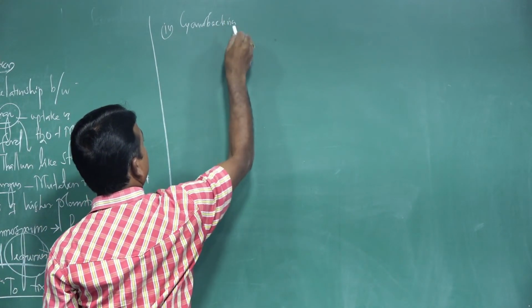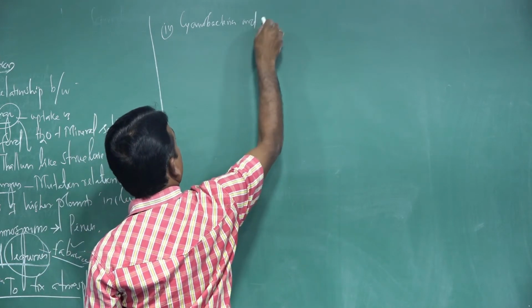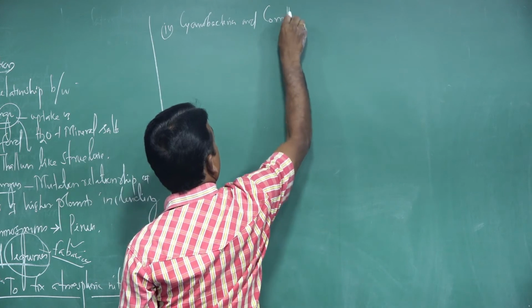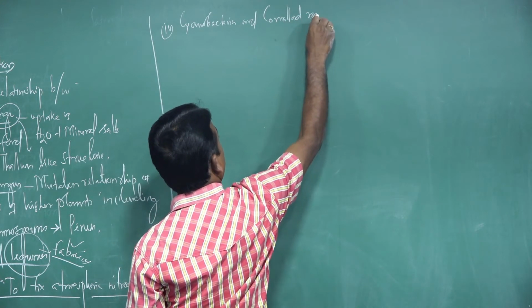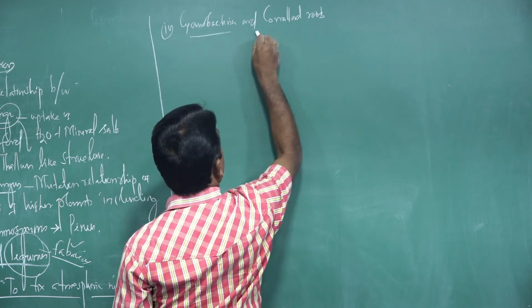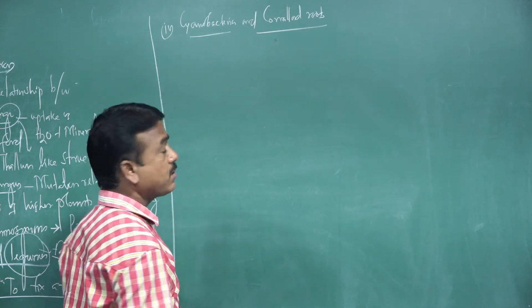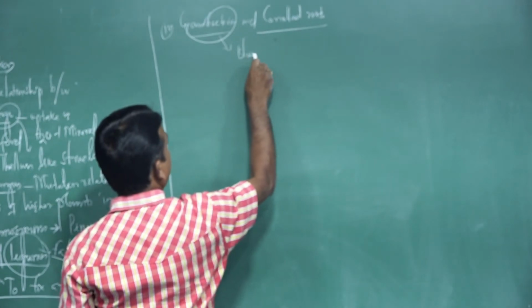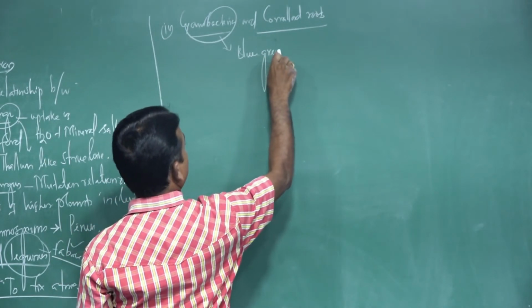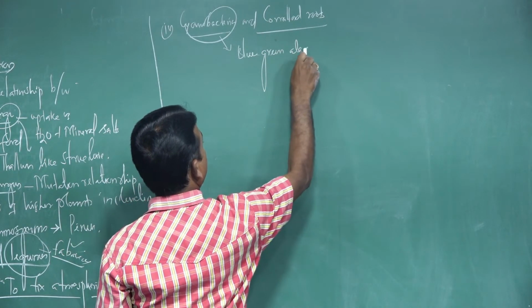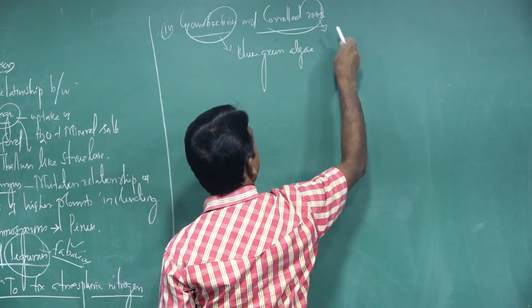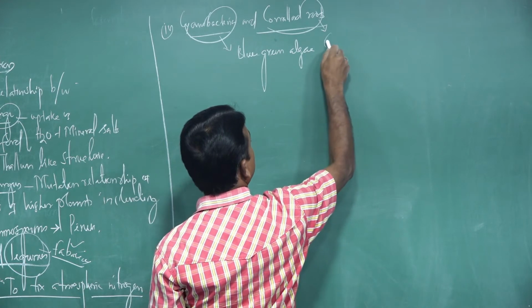Now the fourth one is commonly called cyanobacteria and the coralloid roots. Cyanobacteria are blue-green algae. Coralloid roots are generally found in gymnosperms.